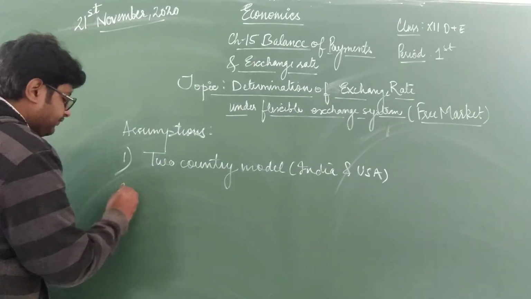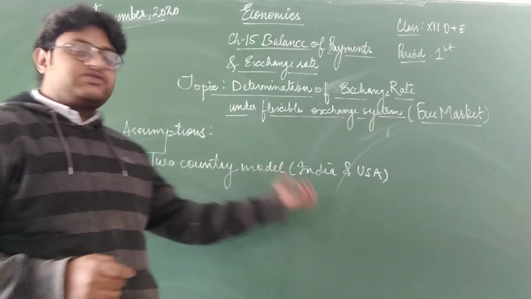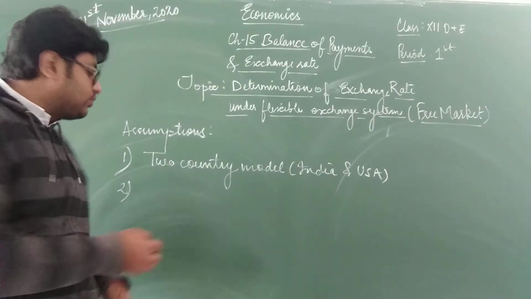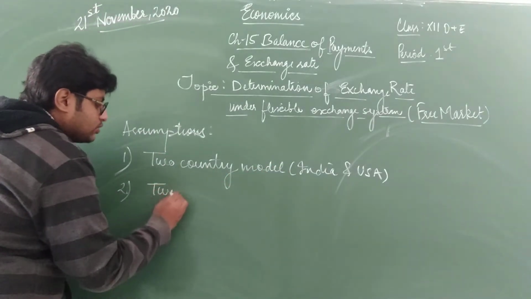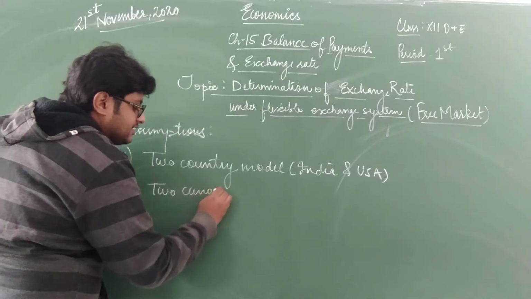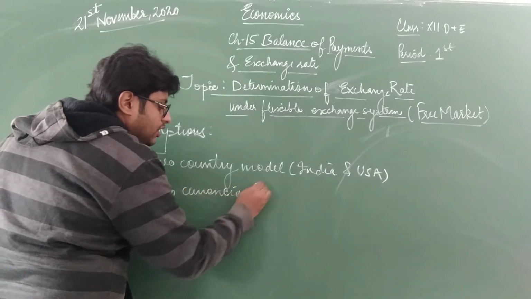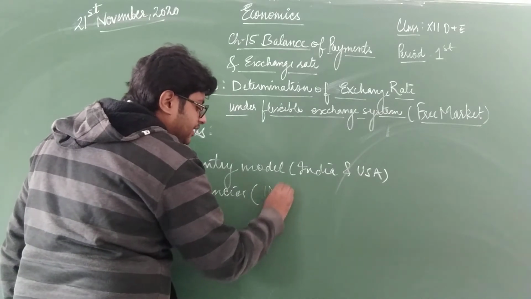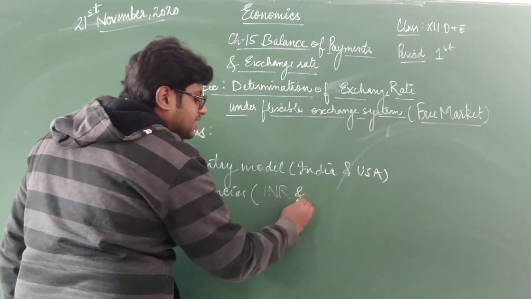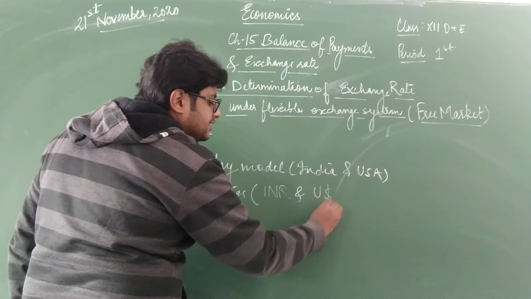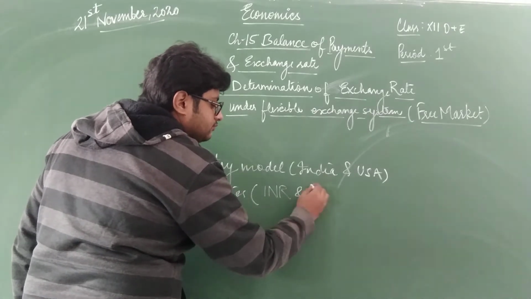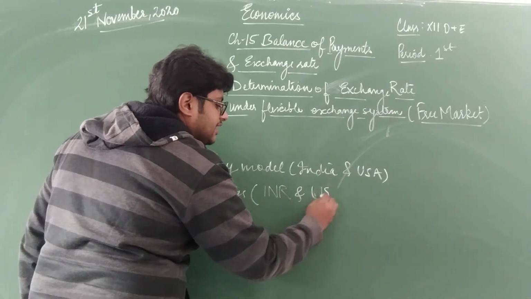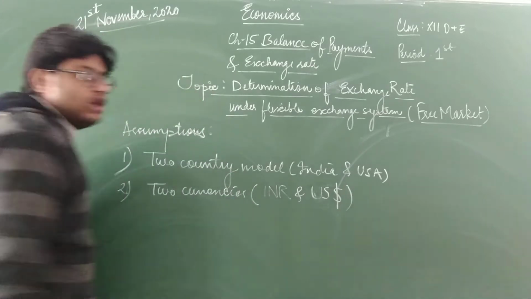And second, since there are two countries, there will be two currencies also. And we all know that in India, the currency used is the Indian rupee, and in the USA, US dollars are used.